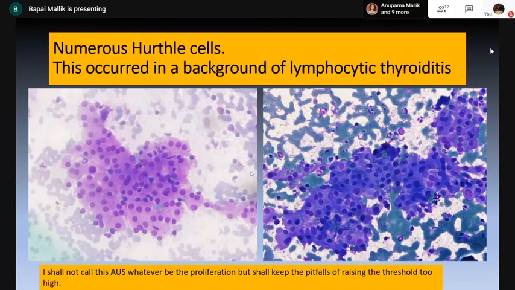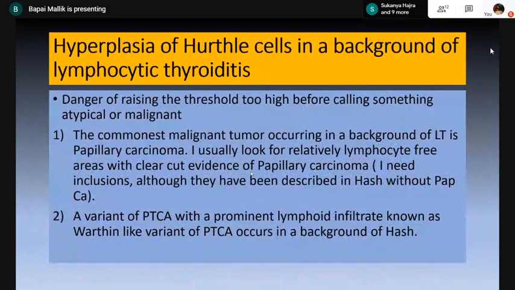Although sometimes if you see a size of more than 3 centimeters, it starts going into the other categories. What I am going to do is look for areas which show classic features of papillary thyroid carcinoma. If I see those features, then of course I'm going to go into categories 5 and 6. That is something different because papillary thyroid carcinoma is the most common carcinoma arising in the background of Hürthle cells.